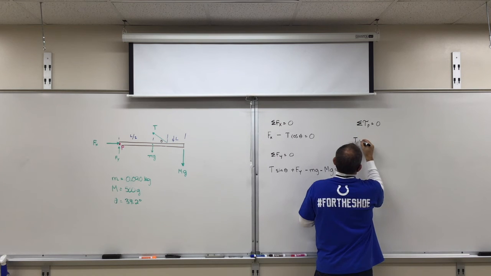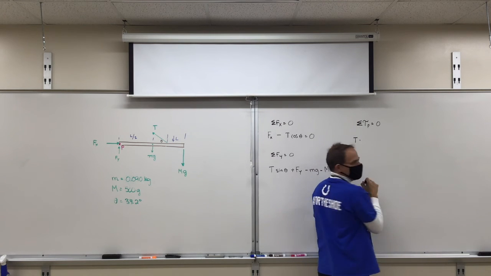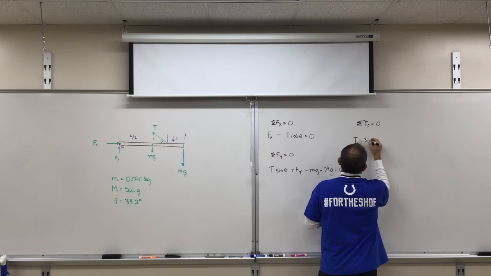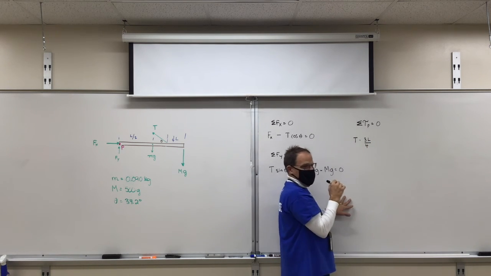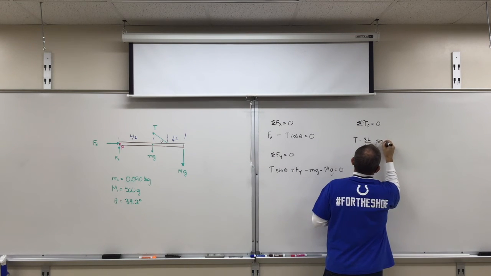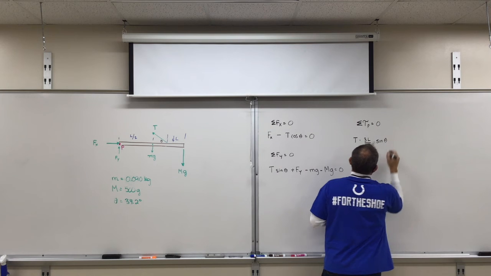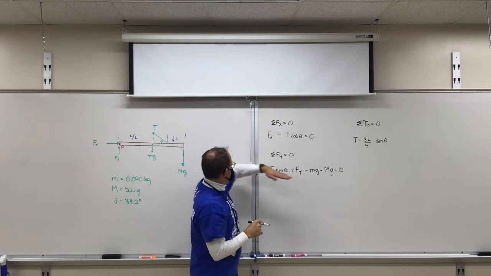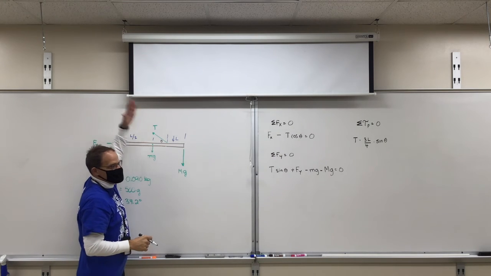So this is going to be the T times how far from the pivot does it act? 3/4 L, or 3L over 4, right? And is it perpendicular? No, so we need a sine of the angle between them. That's the positive torque.